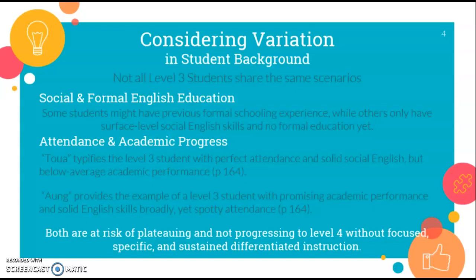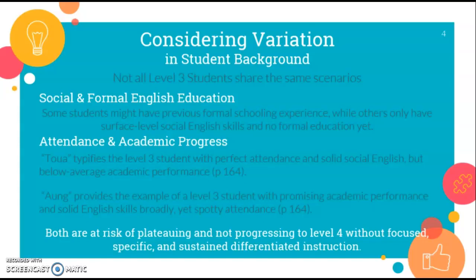So some examples that were provided to us in the text on page 164 of level 3 students are the students named Toa and Ong. Toa typifies the typical level 3 student with perfect attendance and solid social English, but they still have below average academic performance.